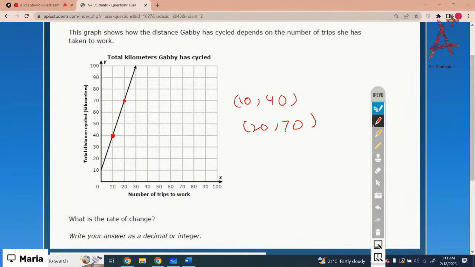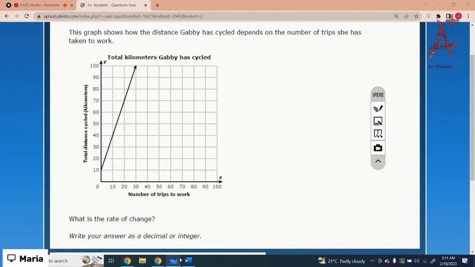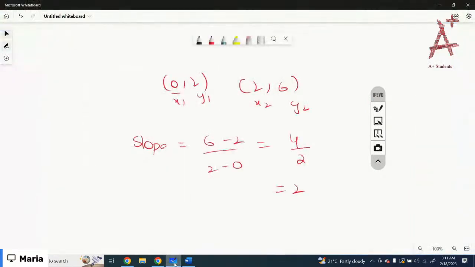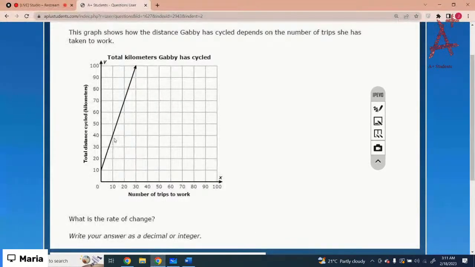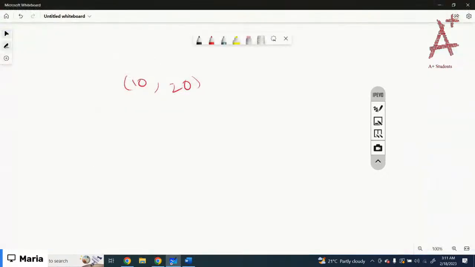So 10, 40 and 20, 70. Let me use these points and calculate the slope.